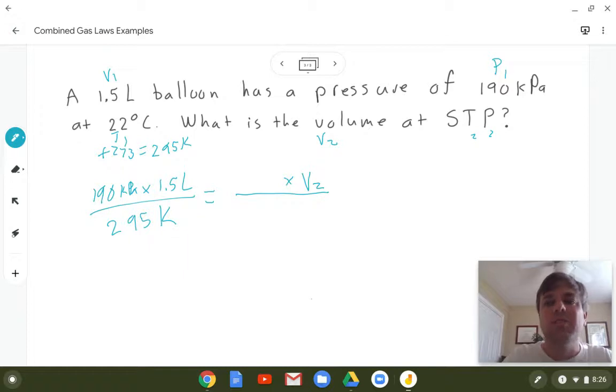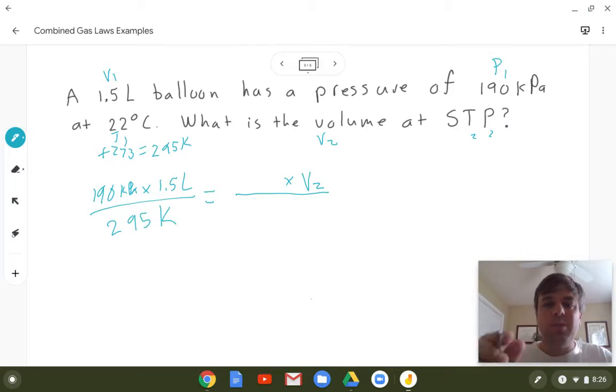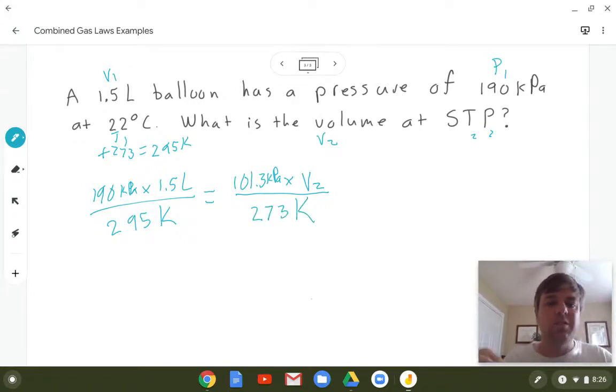So we need to find standard pressure in kilopascals, since we started with 190 kilopascals. And standard pressure in kilopascals is 101.3. So we're going to use 101.3 kPa. And standard temperature is 273 kelvins.